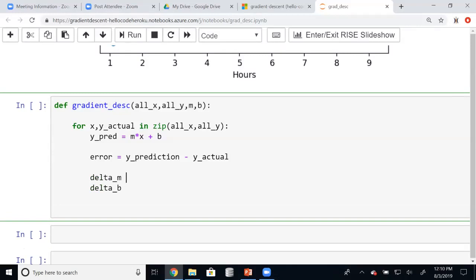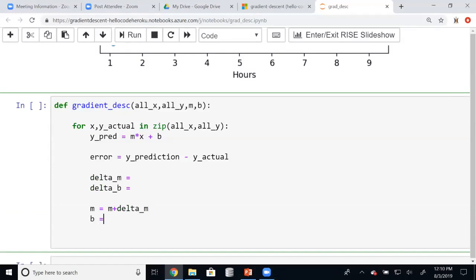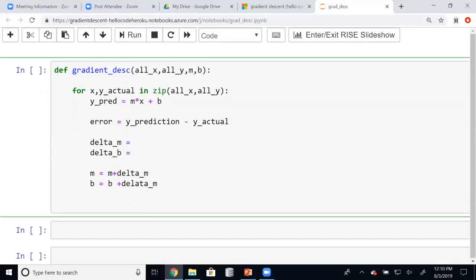So I'm going to say delta M equals something, delta B equals something, and M equals M plus delta M, and B equals B plus delta B. All right. We don't know the values of delta M and delta B, we'll try to figure those things out, but we know that we need to adjust M and B such that the error reduces. So I'm going to adjust M with a small quantity delta M and B with delta B.